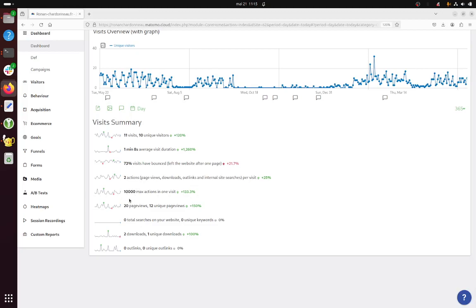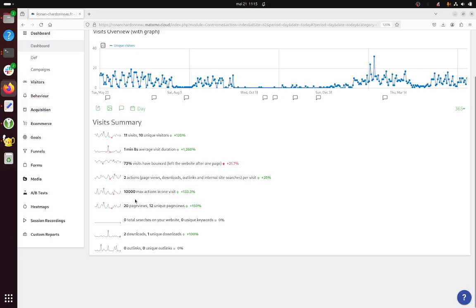But even if they were legitimate, would you really want to analyze specifically those visitors, which represent something like 1, 2, 10 people, 20 people maximum, compared to the thousands of visitors that you have? Well, probably not.